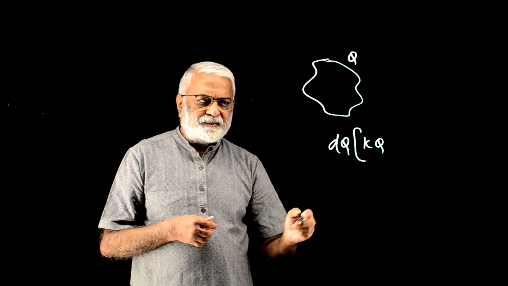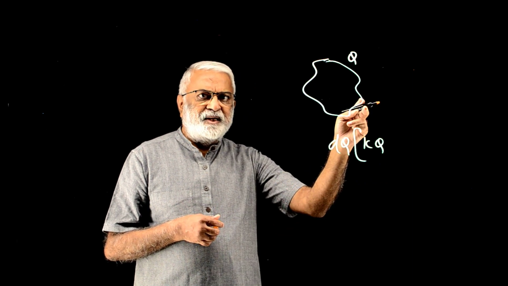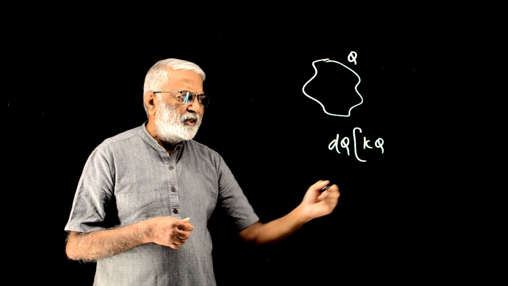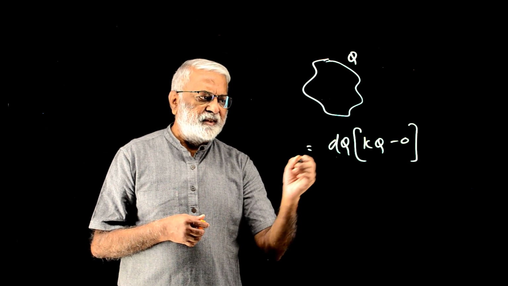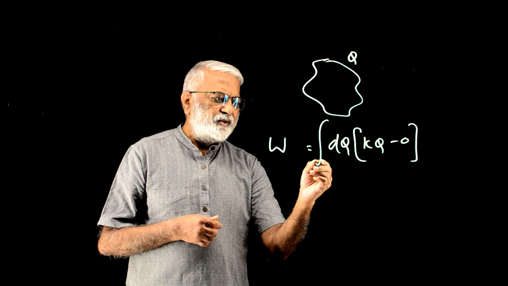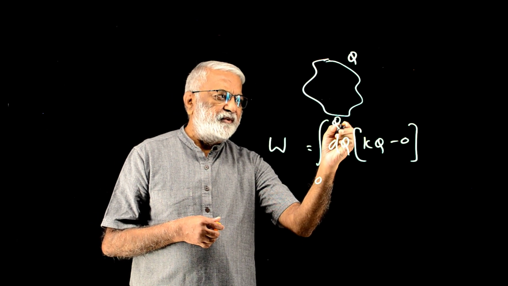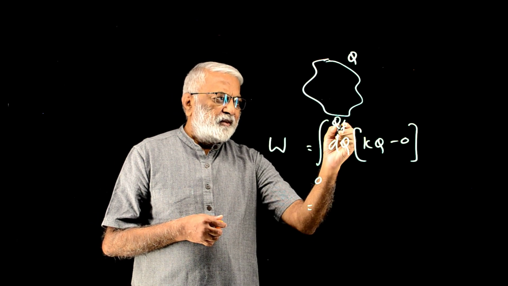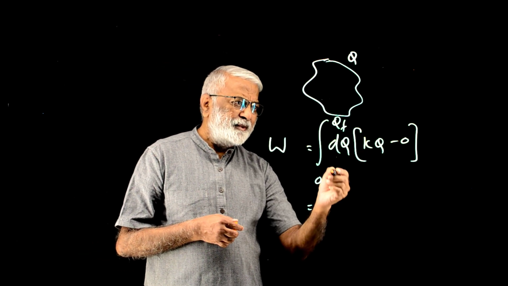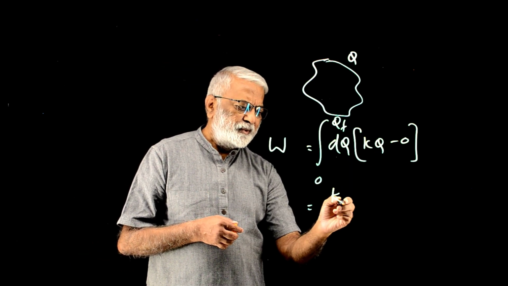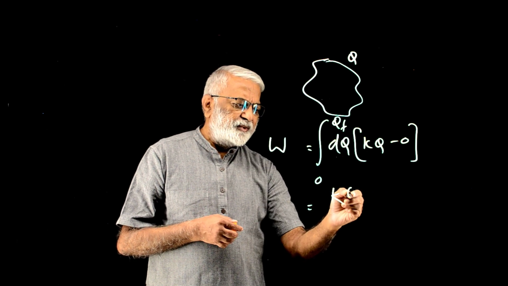Q is a variable now. dq is being added at the moment when the charge is q, and this being brought from infinity. So this is the work done. Integrate this as q changes from 0 to Qf. Now that would be k comes out, Q squared by 2, and Qf.